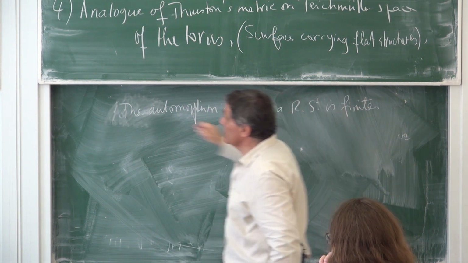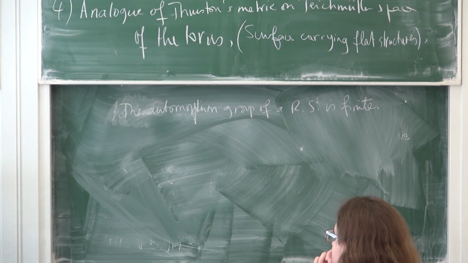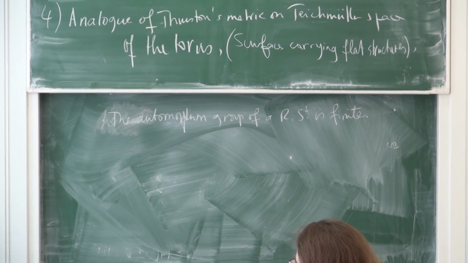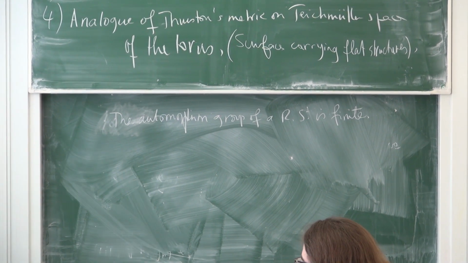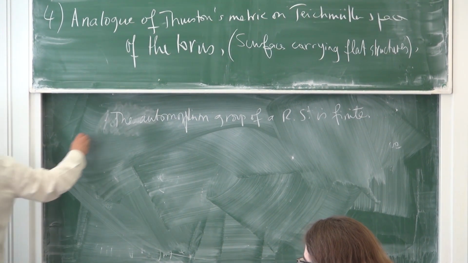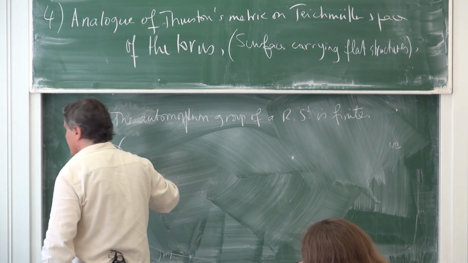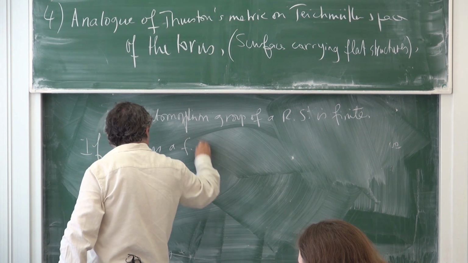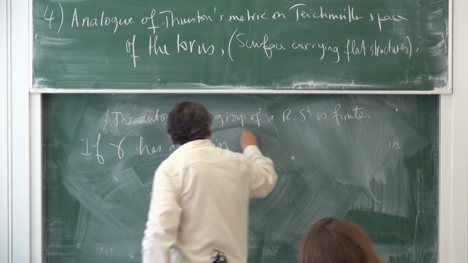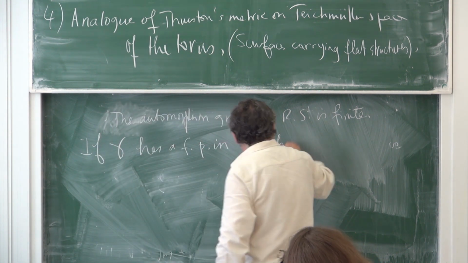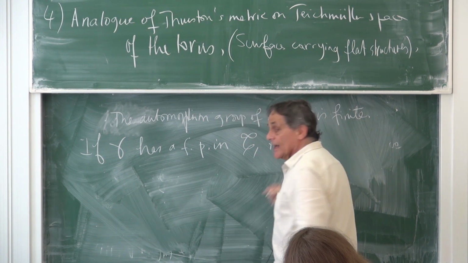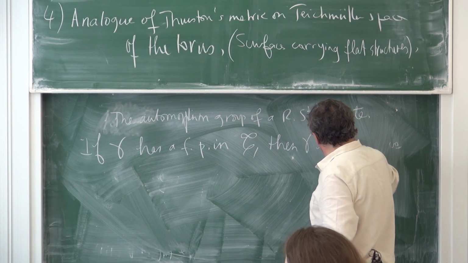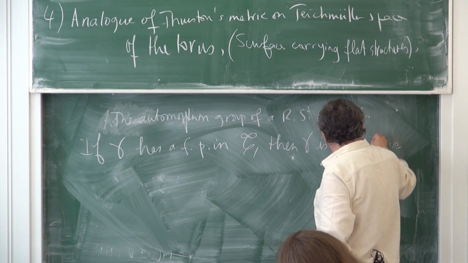This is stronger than what I said, and this implies that if gamma has a fixed point in Teichmüller space, then gamma as a mapping class is periodic.